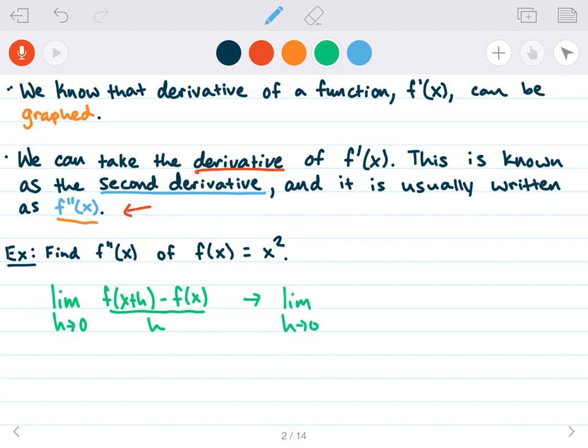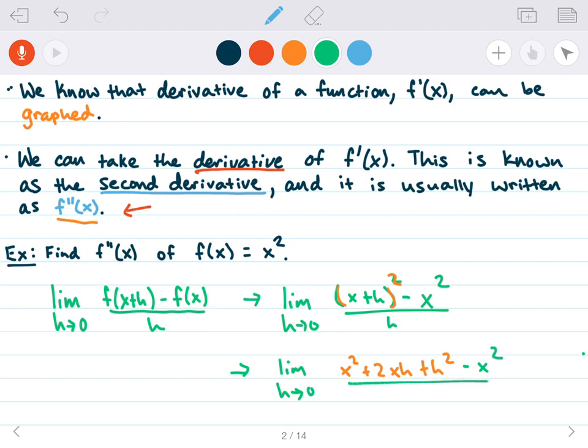Now, if I put in x plus h into x squared, I get x plus h squared minus x squared all over h. And I can FOIL the top. I can FOIL this guy right here. That's going to give me x squared plus 2xh plus h squared minus x squared over h.